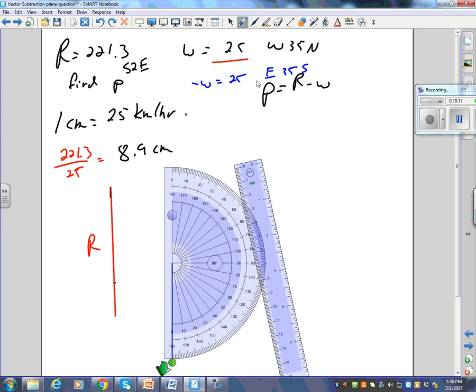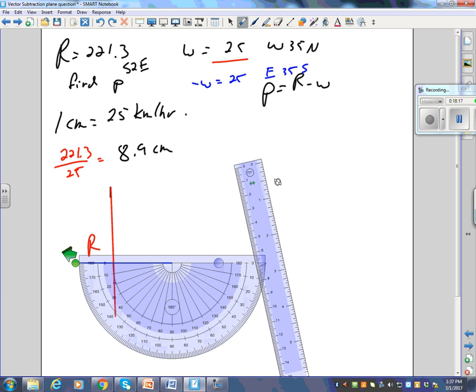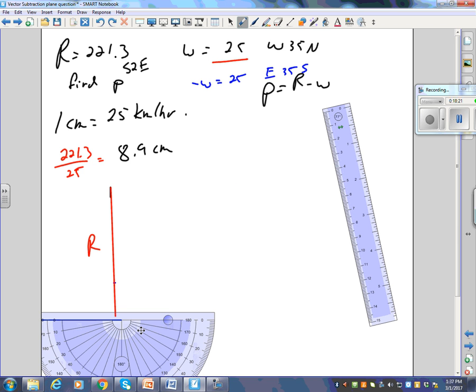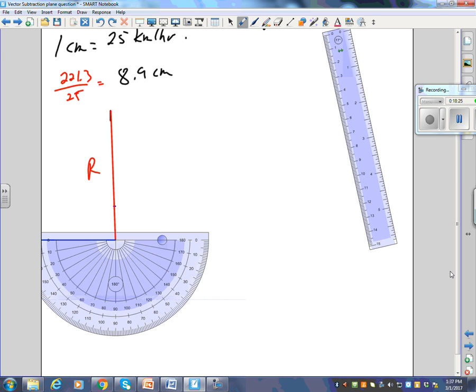So east 35 south, from here, east 35 to the south. 35, right there, right? 10, 20, 35.